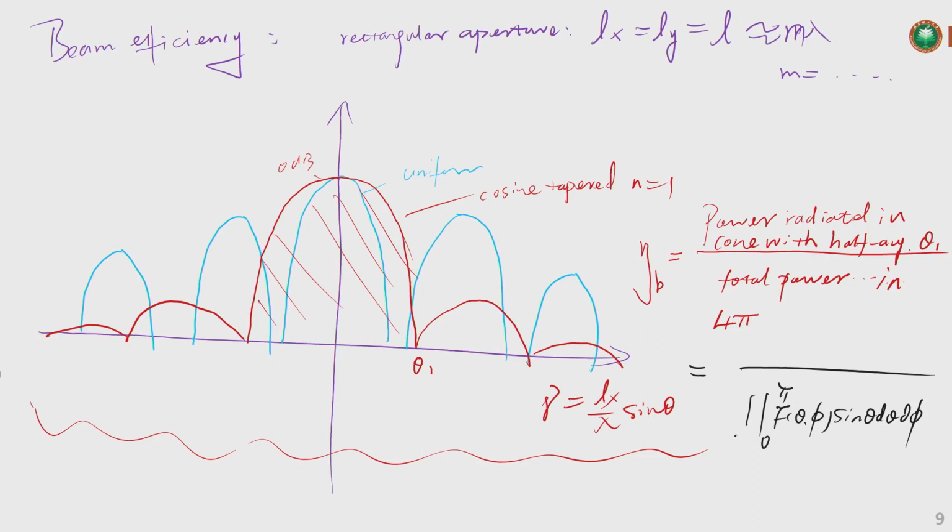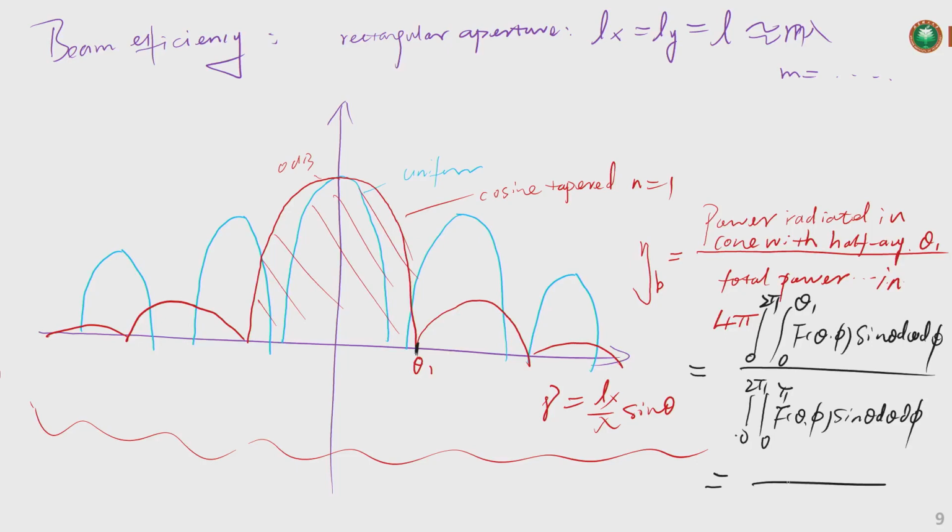For the numerator, theta changes from 0 to theta 1, the first null angle, and phi goes from 0 to 2 pi.